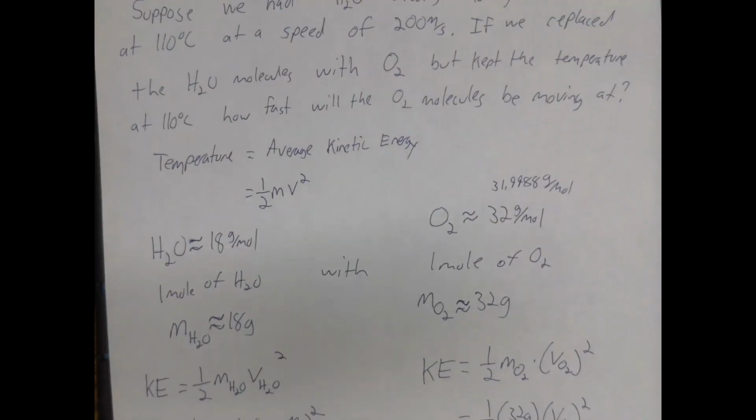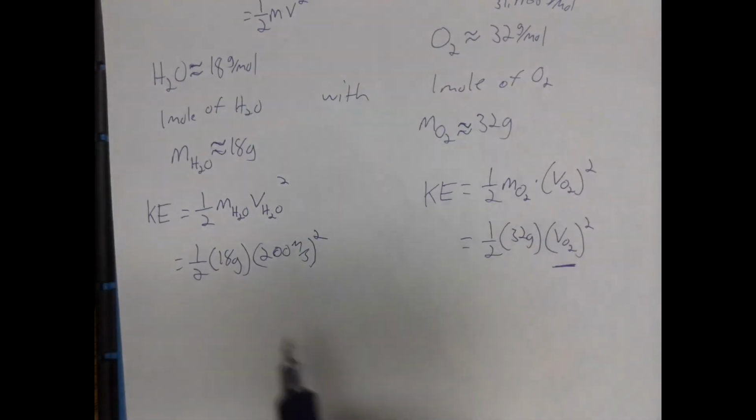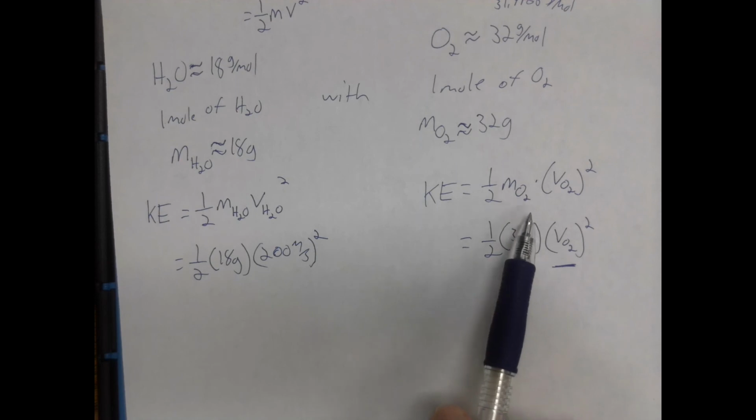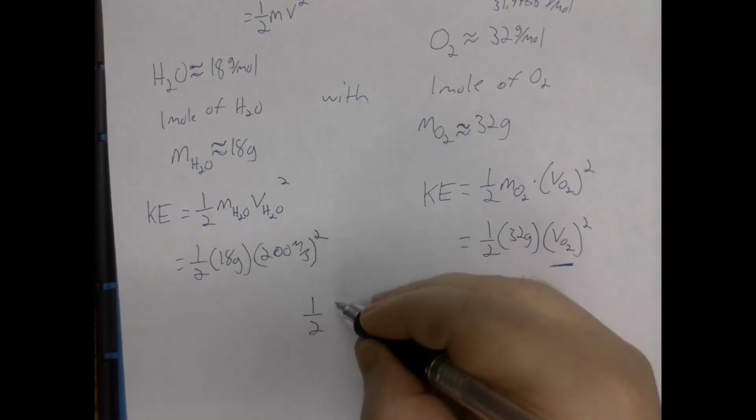The problem says, how fast are the O2 molecules moving if they're at the same temperature? These two must be equal because temperature is average kinetic energy. That means the kinetic energy of the H2O molecules has to equal the kinetic energy of the O2 molecules. So we can set these two things equal.